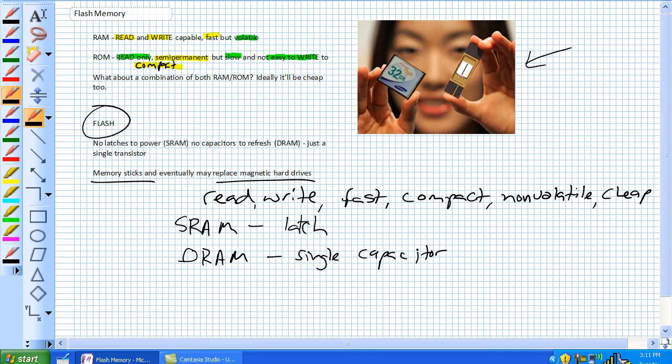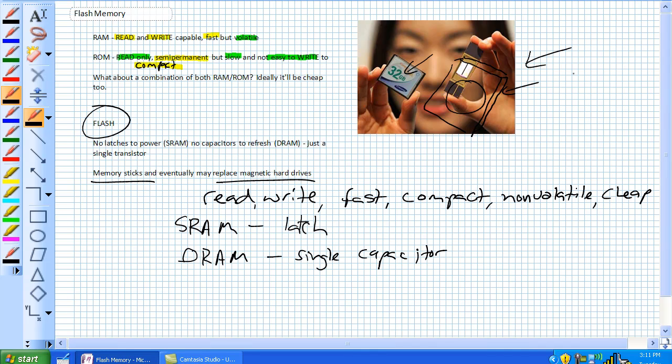But you see what this gal's holding, it's a 32 gig flash drive. I don't know if you guys were all there when I took apart that 20 gig iPod in lab. In comparison, that 20 gig iPod drive was about that big and about that thick. I'm trying to draw it to scale there. So think about that: that's 32 gig versus that's 20 gig, being a magnetic drive.